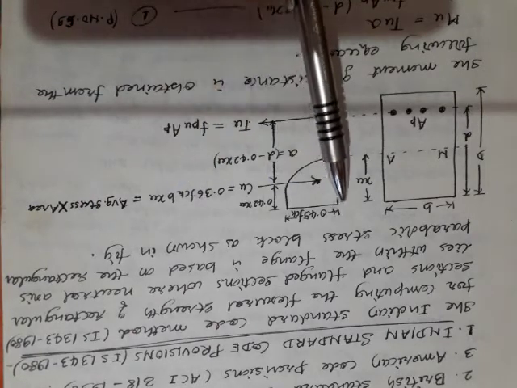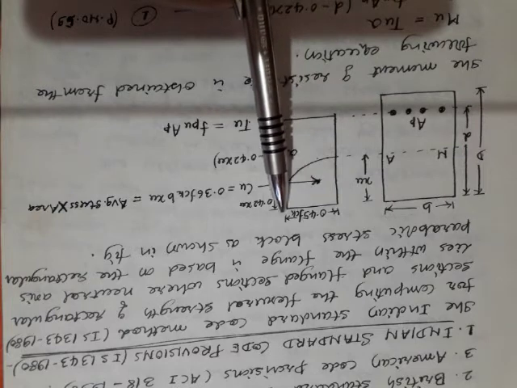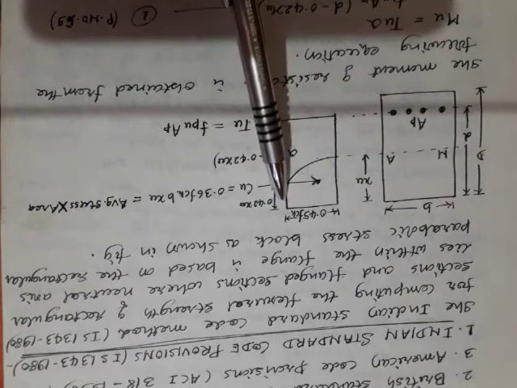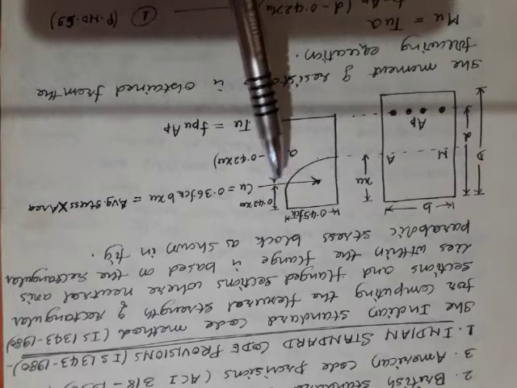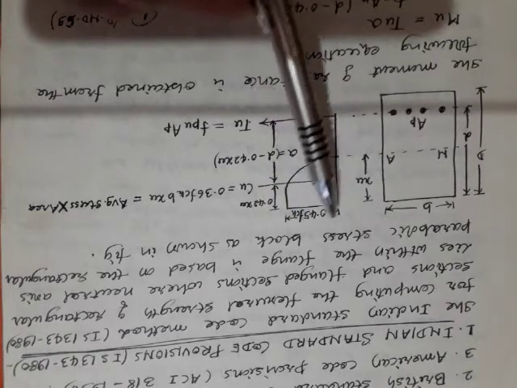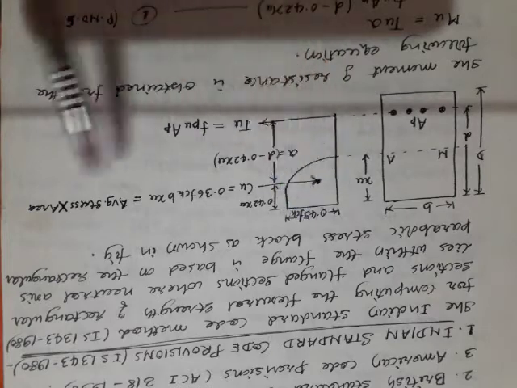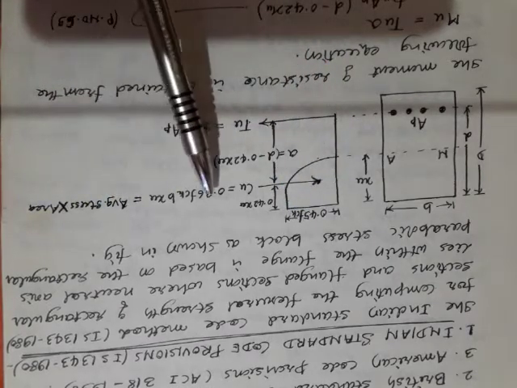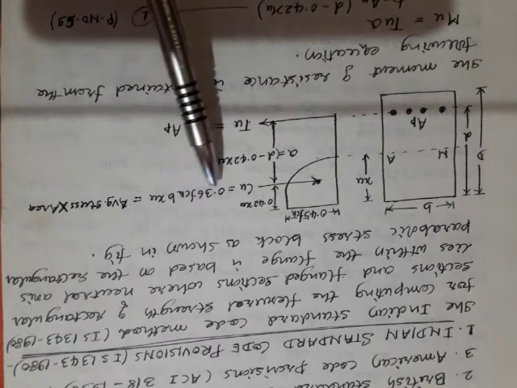Here the stress is 0.45 FCK in the extreme fiber, and then afterwards it goes on decreasing as a parabola. So if I want to take the average stress, it is 0.36 FCK, just like your RCC.